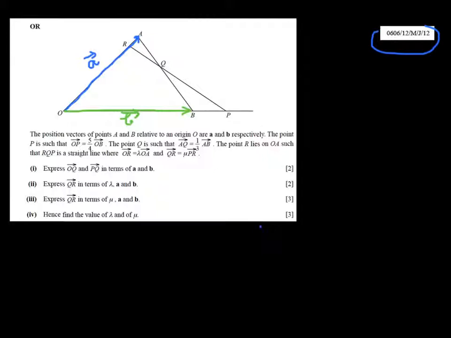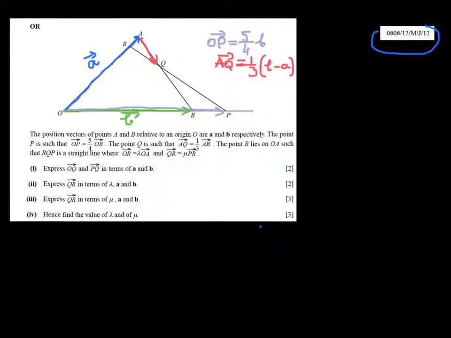I'm also told that OP is 5/4 OB, so 5/4 B. So I know the vector OP, as well as AQ is 1/3 AB, and the vector AB is B minus A. So I know AQ, and I also know OP. Sometimes it's good to just draw them on the diagram to remember what I was given.